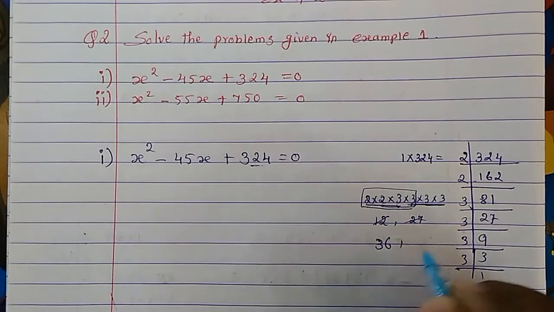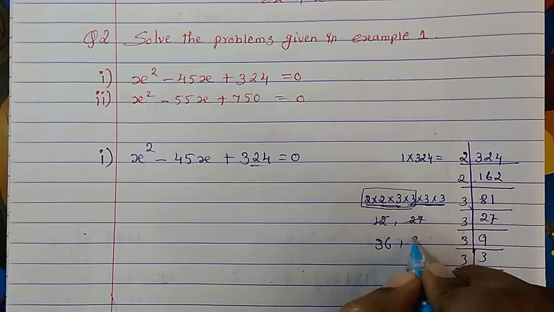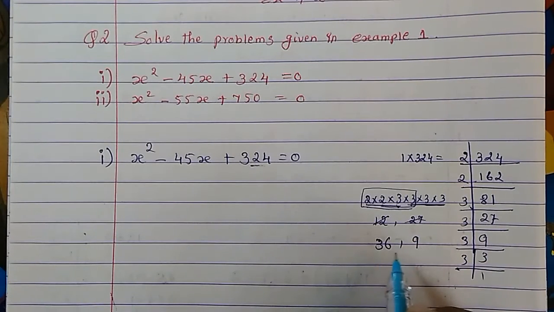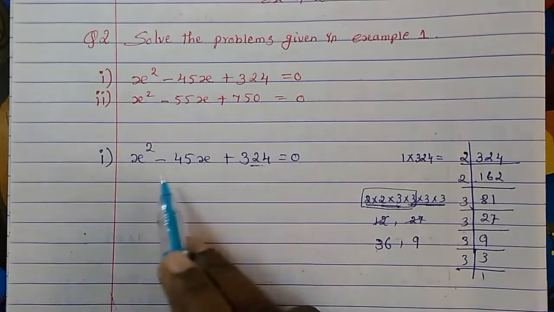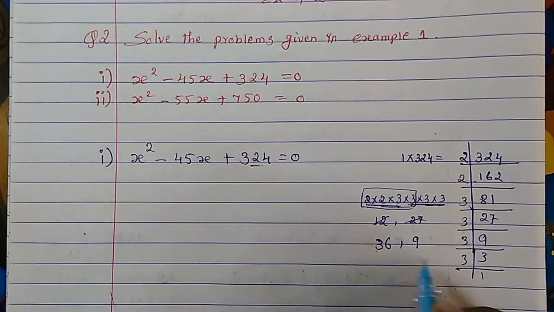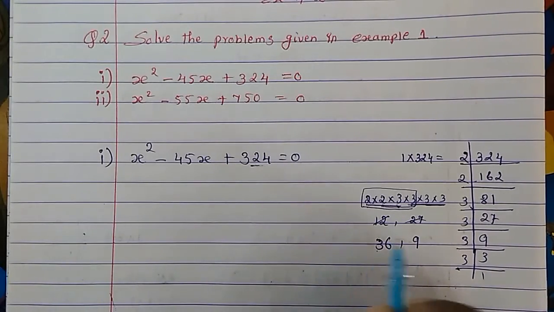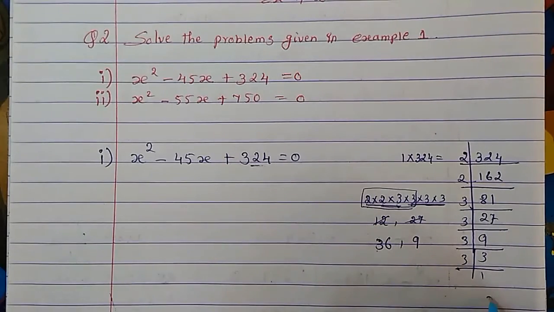Then 3 3s are 9. So now let's see: 36 plus 9 is 45. By adding we will get 45, and by multiplying are we getting 324? So you have to check it.